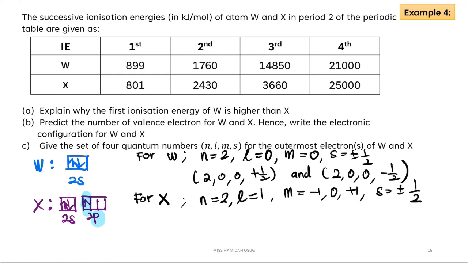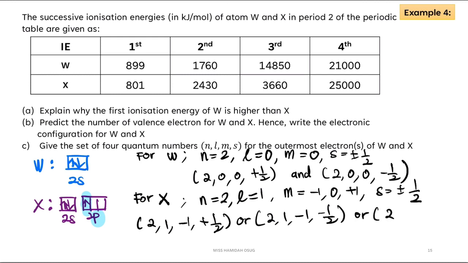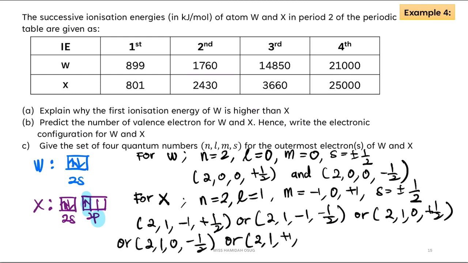So, untuk X ini, dia ada 6 pilihan jawapan yang kamu boleh tulis ya. So, yang pertama 2, 1, negative 1, positive half, or 2, 1, negative 1, negative half, or 2, 1, 0, positive half, or 2, 1, 0, negative half, or 2, 1, positive 1, positive half, or 2, 1, positive 1, negative half.